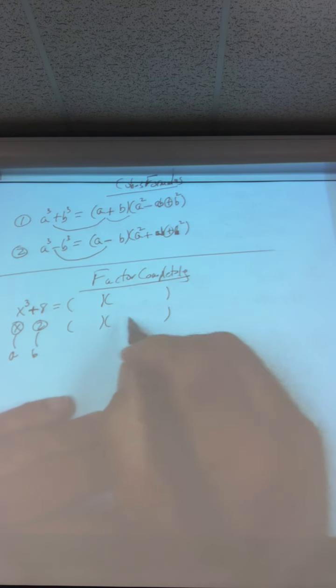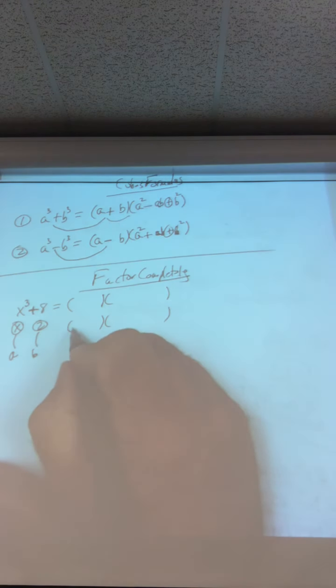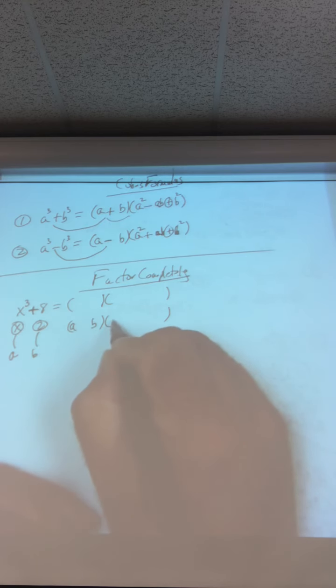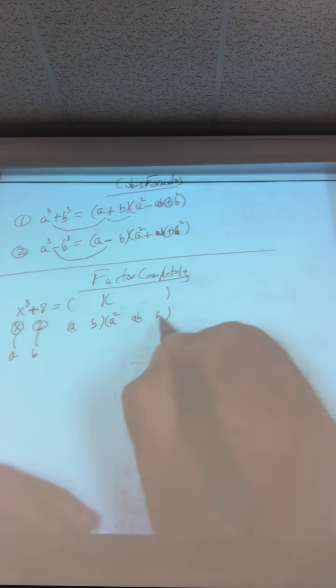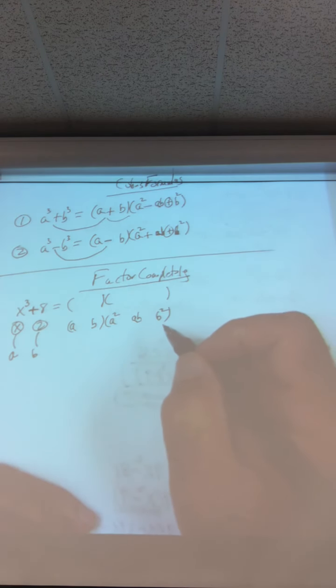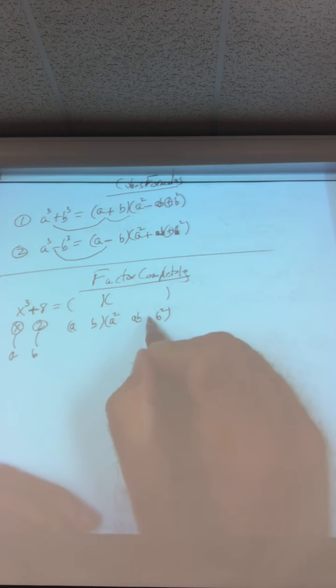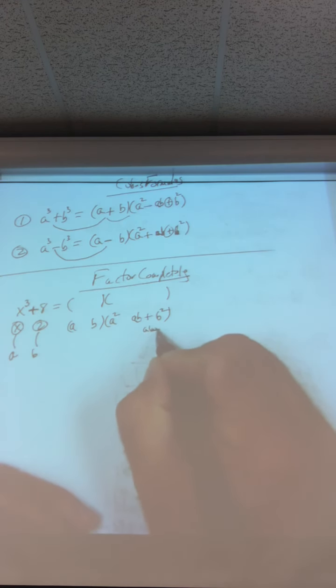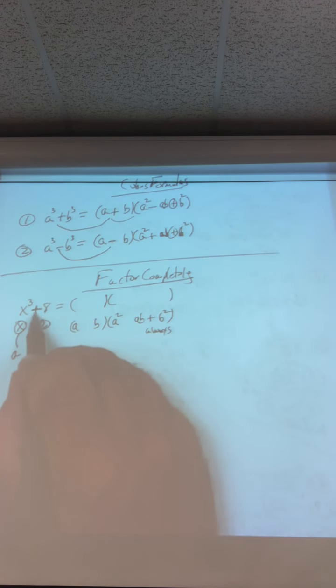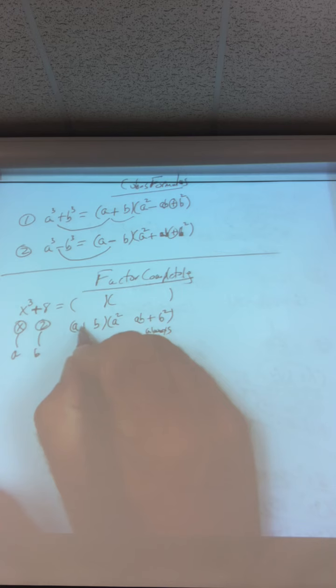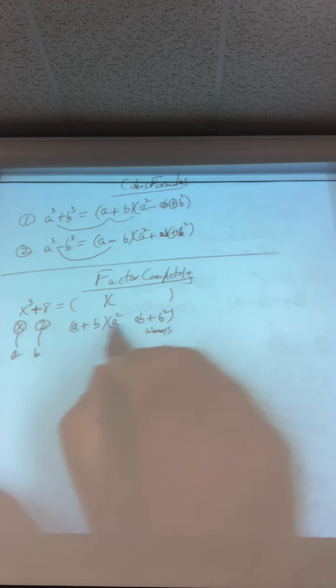Okay, help me remember the formula. What goes here? A, B, A squared, AB, B squared. Last sign is always plus. Always. Now, this first sign is whatever is in the problem. This second sign is switched from that.